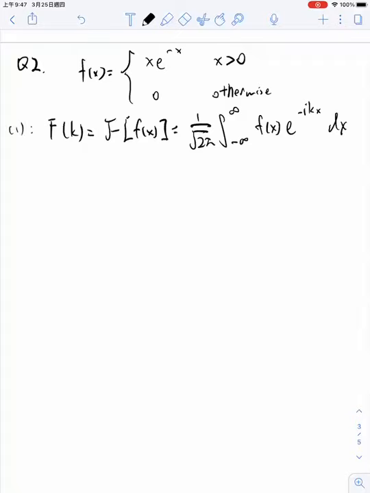The first way to do it is simply using integration by parts.